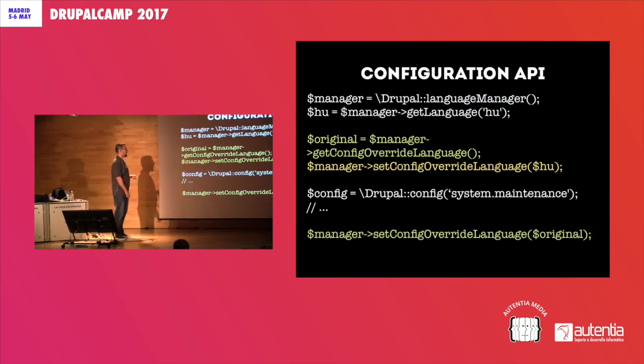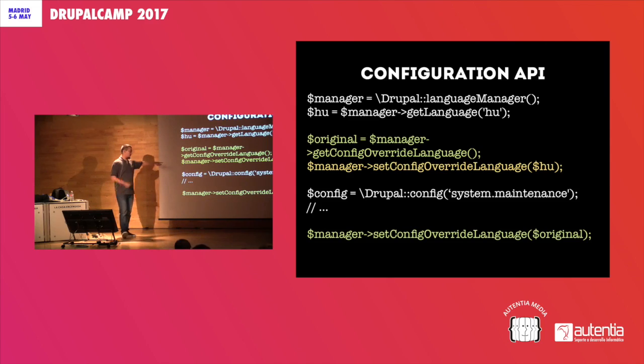But maybe you want to get the configuration in a given language. So for that, we need the language manager, and there we can call the getConfigOverrideLanguage. This will get the current language that you are seeing, so you can save that. And then you can call setConfigOverrideLanguage with a proper language object.